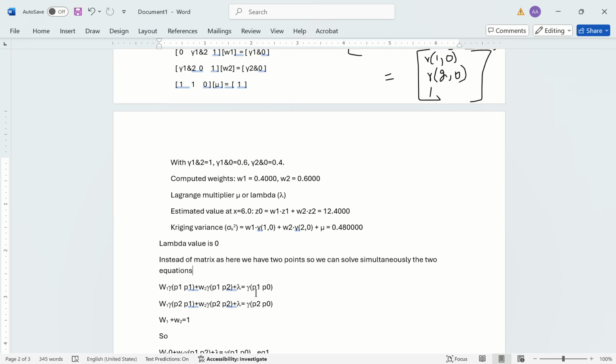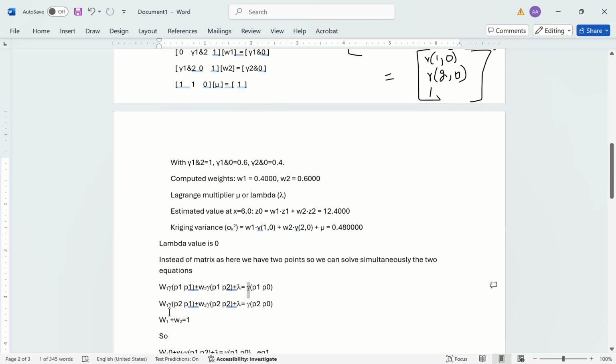If we had another point, then W4 gamma point 1, point 4, and so on, plus this lambda equals gamma point 1, point 0.